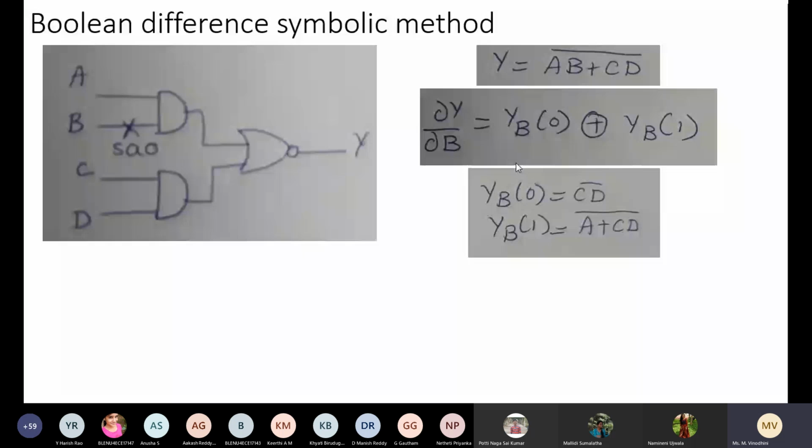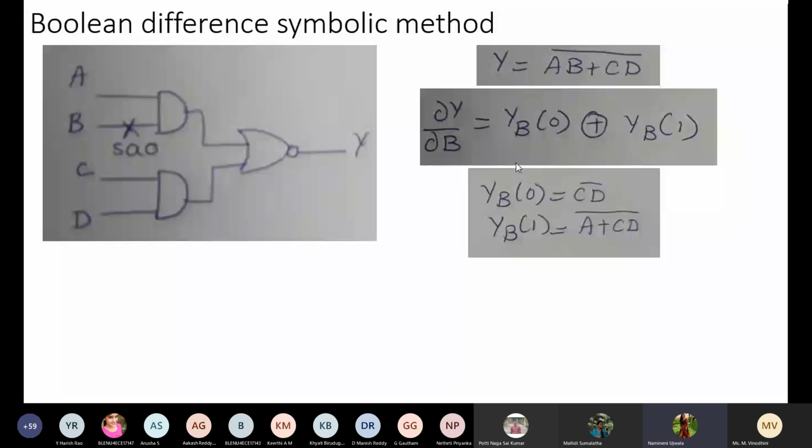Still, can you simplify? CD bar, can you write it as C bar plus D bar? See, one more thing. The dou Y by dou B should be in sum of product terms, SOP form. One constraint here is always represent dou Y by dou B in SOP form. So whoever gave the answer now, represent that in SOP form.